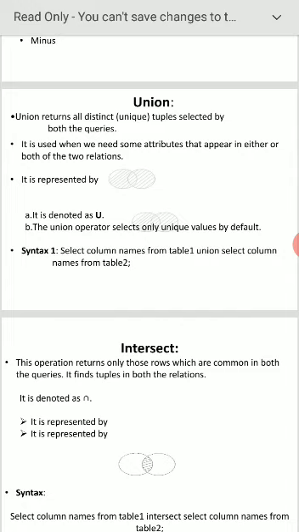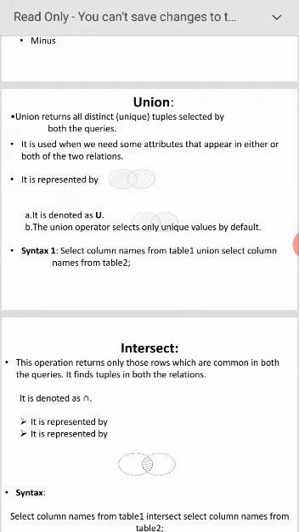Here in union there is a graph, so two circles are there. It will extract the tuples available in both the tables, either in the first table or in the second table or both, distinctly.